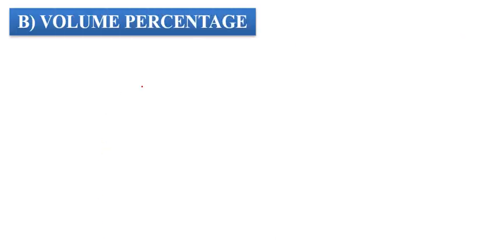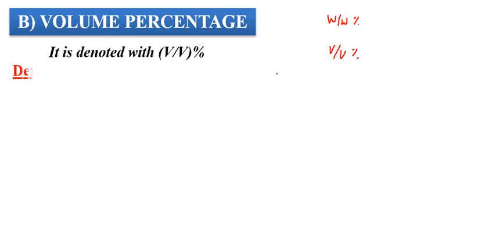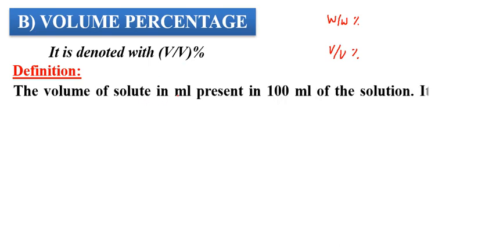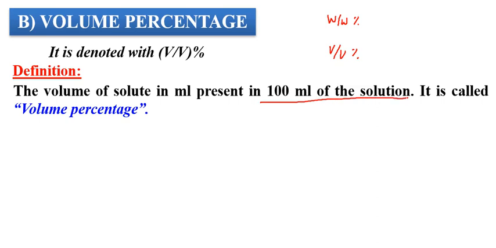Next, volume percentage. If you understood the mass percentage W by W, then volume percentage is V by V percentage. The formula is similar. It is denoted by V by V percent. The definition is the volume of solute in ml present in 100 ml of solution.